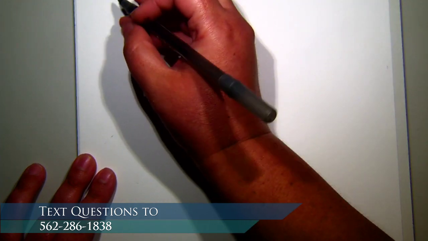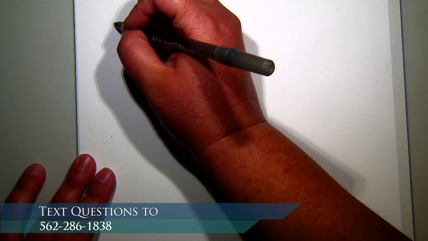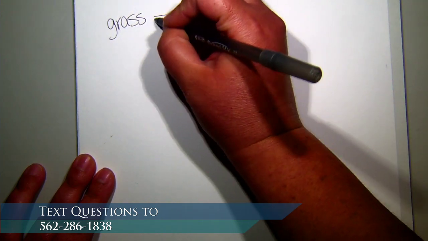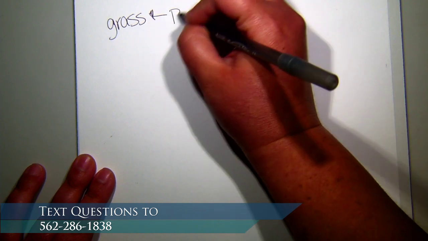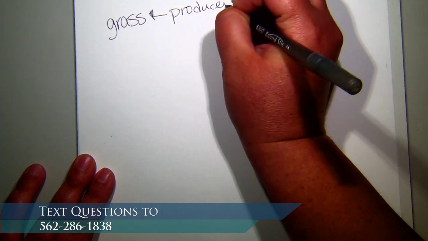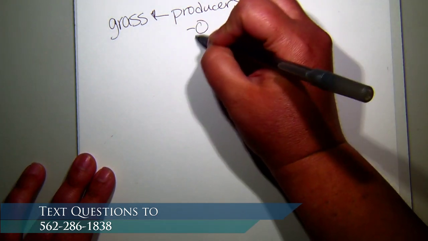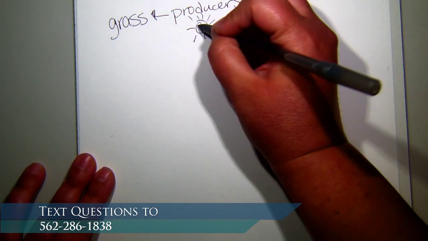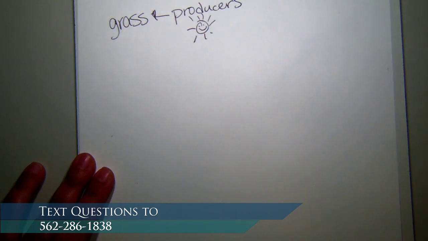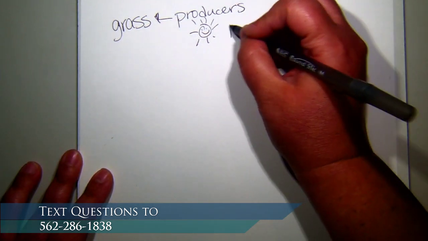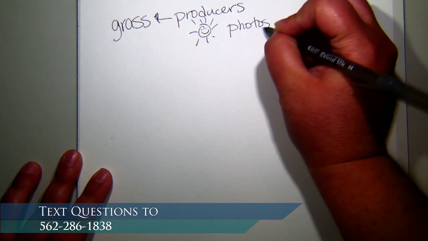Let's say that we have our producers, which means those that do all of that photosynthesis, right? They are the ones that use the sun to get their food that way. They are producing their own food through that process of photosynthesis.